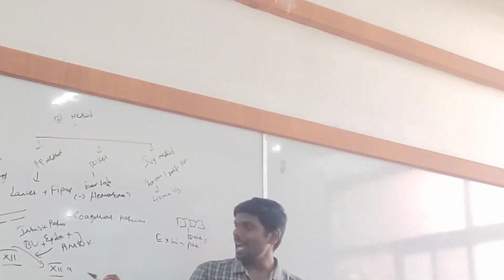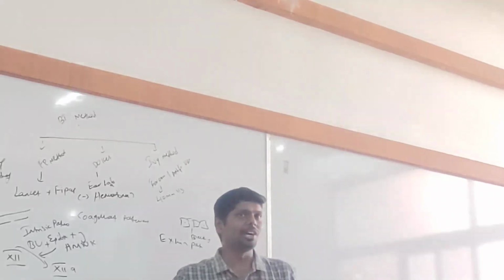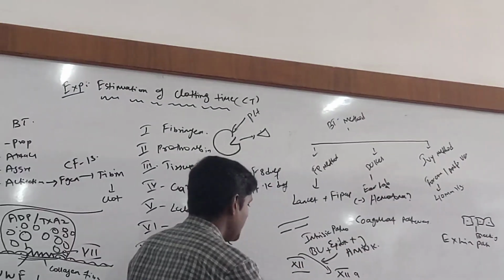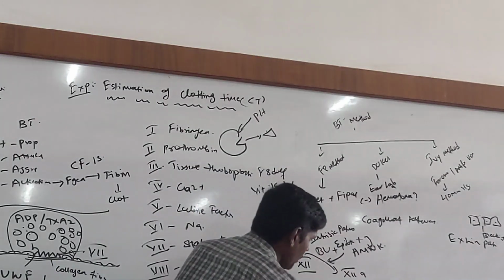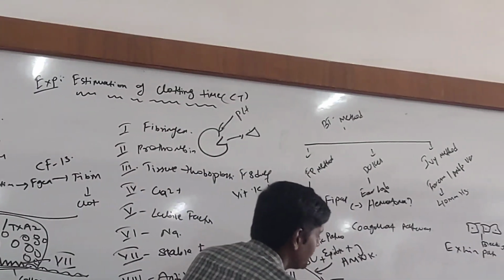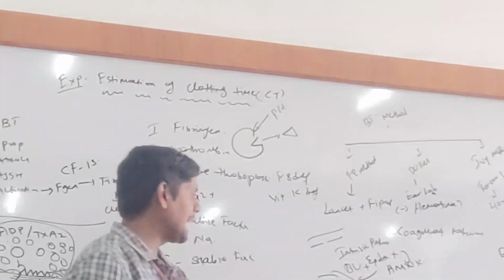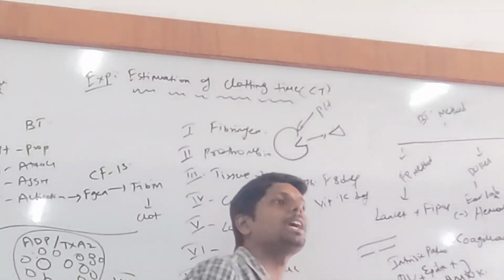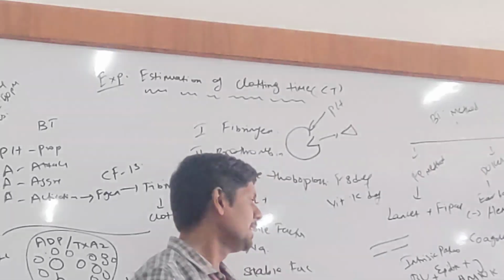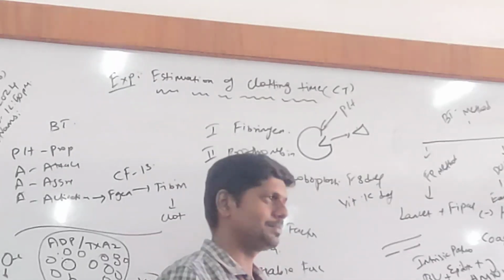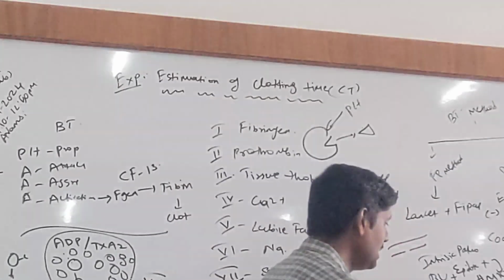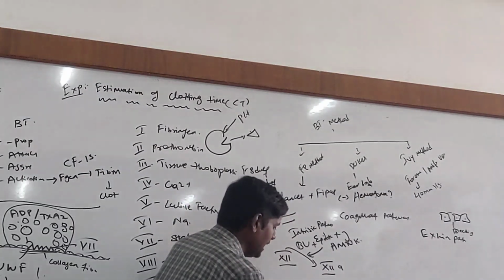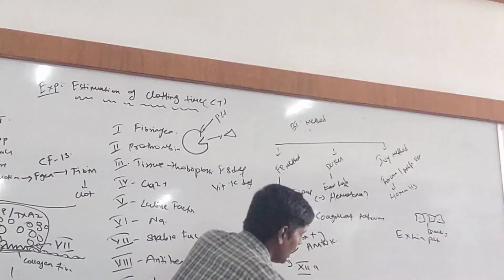Okay. Now this activated 12A will convert 11 to 11A. This activated 12 became a stimulator for 11 to convert to 11A. So this is the activator of this one. Next, activated 11A will convert 9 to 9A.